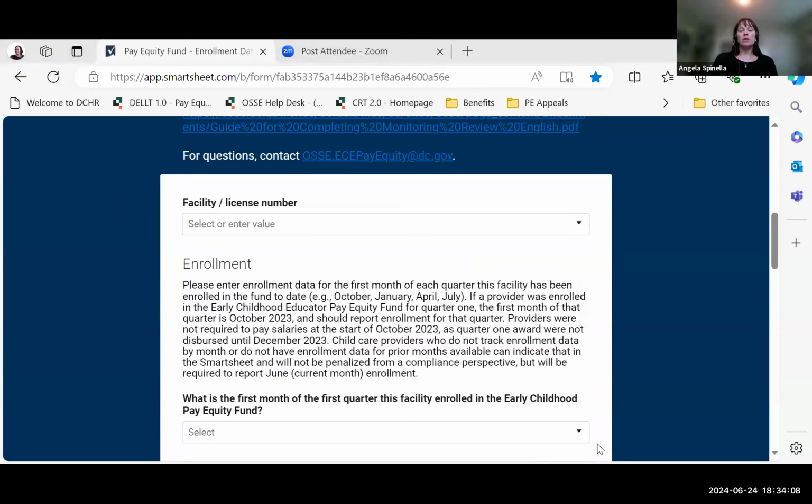Next, you want to select the drop-down arrow and choose the applicable month for the enrollment data you're submitting. You want to be sure you enter the enrollment data for the first month of each quarter the facility has been enrolled in the Early Childhood Pay Equity Fund to date. Enter dates for all of the months that apply to the facility.